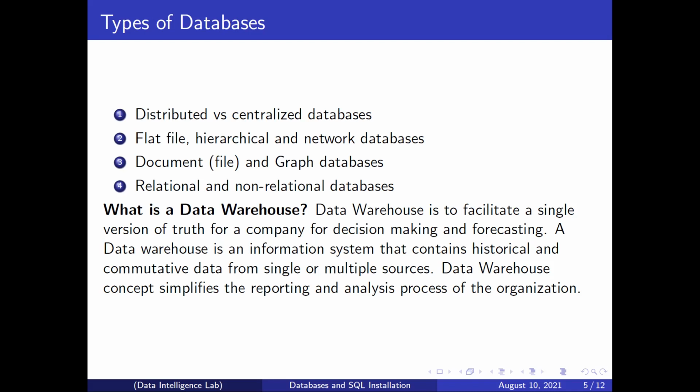But let's say there's a central office location, and all the offices are just connecting to the database in a central place using network connections, then you could say that's centralized. So you could see different variants of centralized and distributed databases implemented in many organizations.